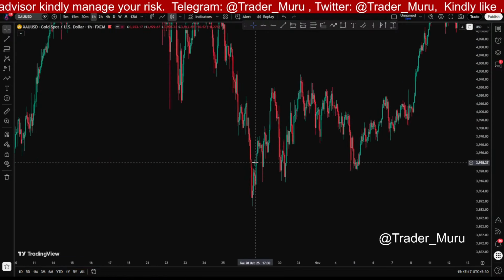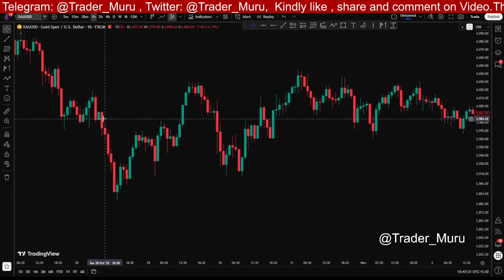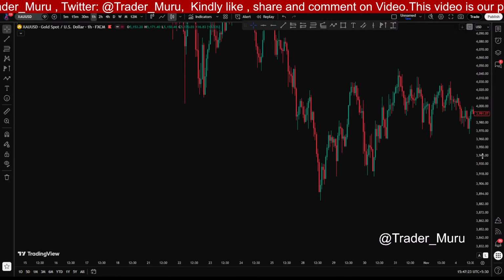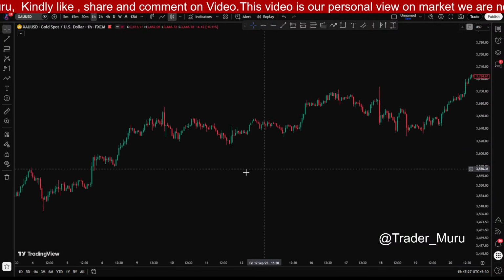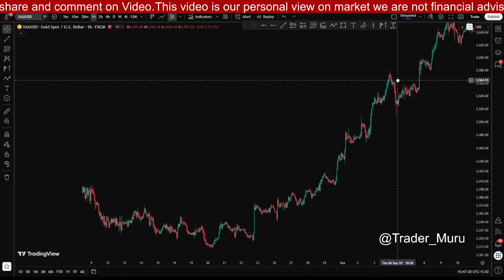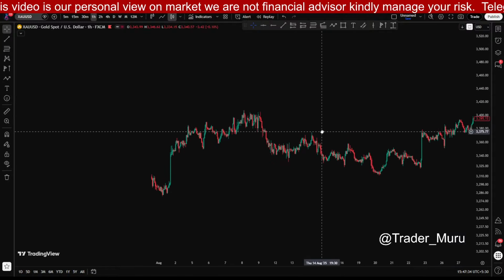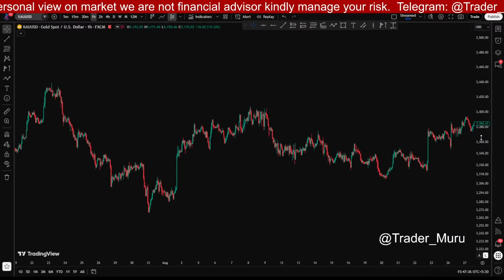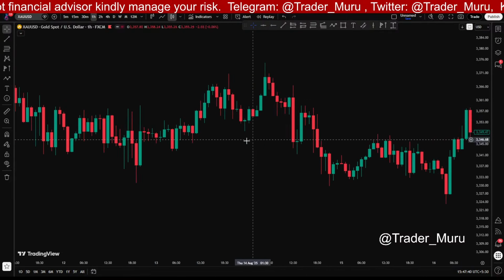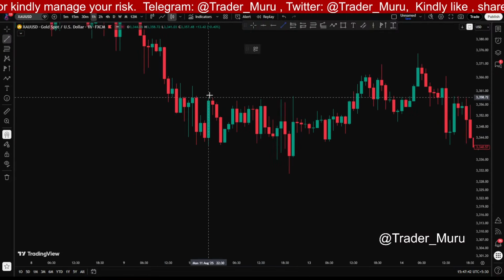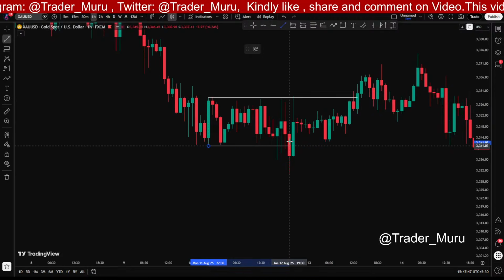Okay, it is not, but you have to see another example. This one is not either. We have it here, but in a smaller term. Okay, so this is your high, and this was your last breakout structure.